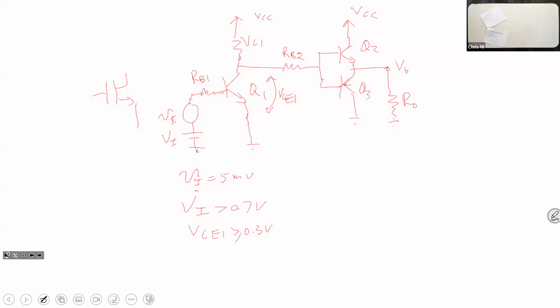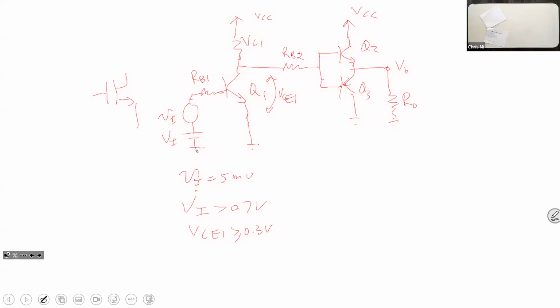The trouble is that if VC is actually 0.3, the second stage doesn't work. Remember, between minus 0.7 and 0.7, the second stage output is 0. If VC is 0.3, everything would be at 0.3, and we're in between the two, so it doesn't really work, because we're assuming infinite beta.